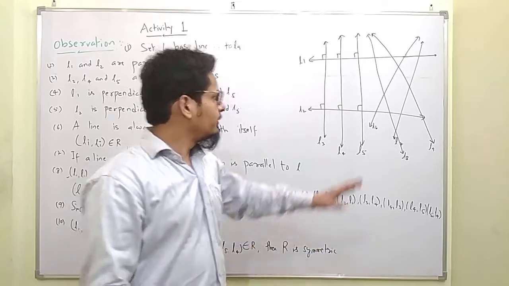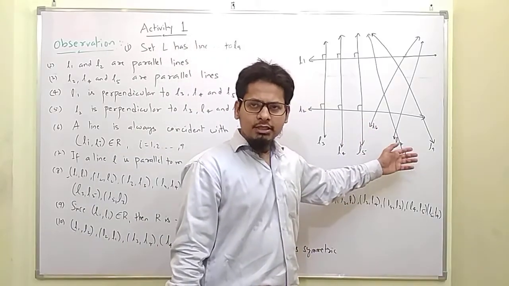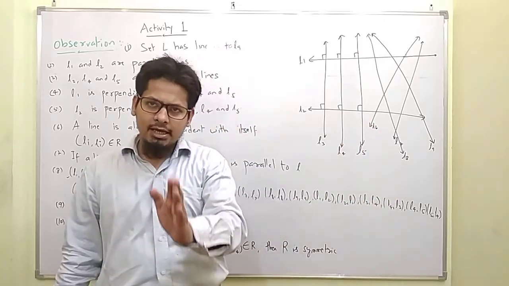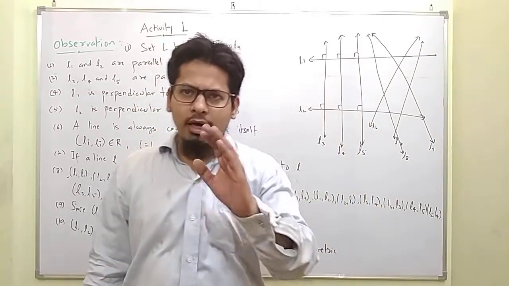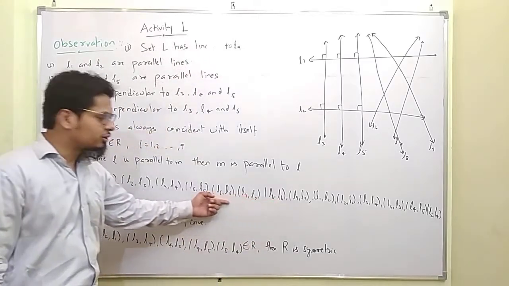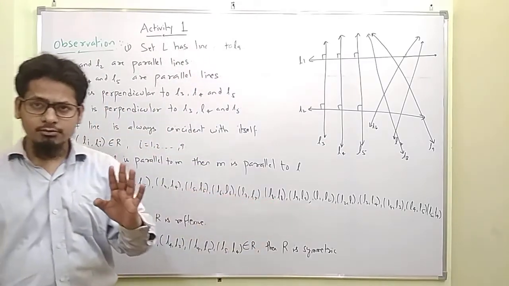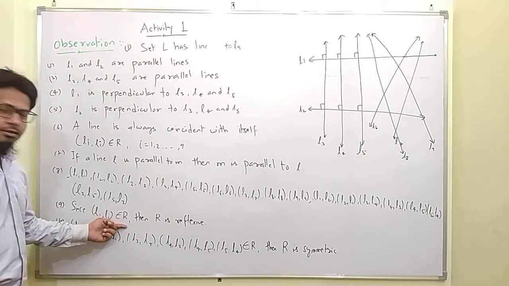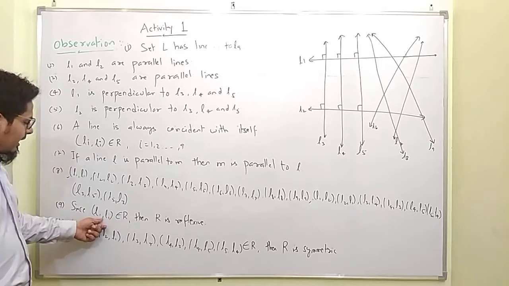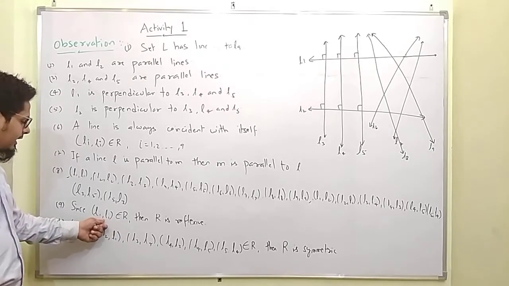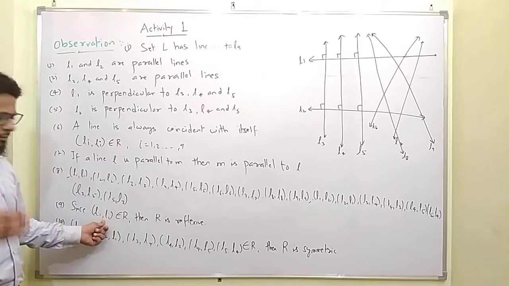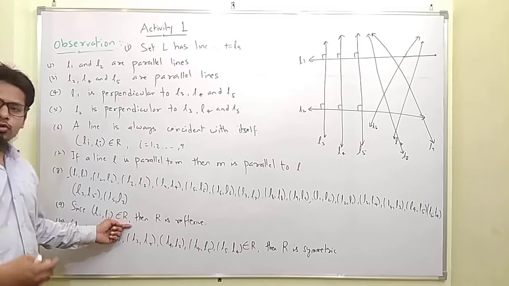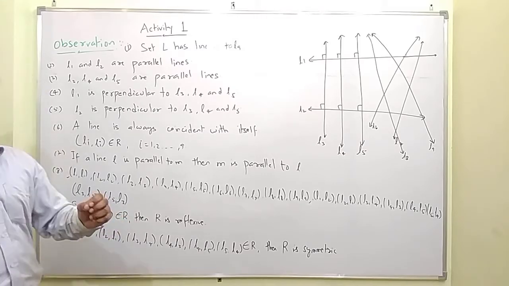So with these lines, L5, L6, 7, line 8 and line 9, I have mentioned only the condition of coinciding, not parallel. It is clear. After this, in the last we can say Li and Li means any line, where i may be from 1 to 9. If Li comma Li belongs to relation R, then R is reflexive.